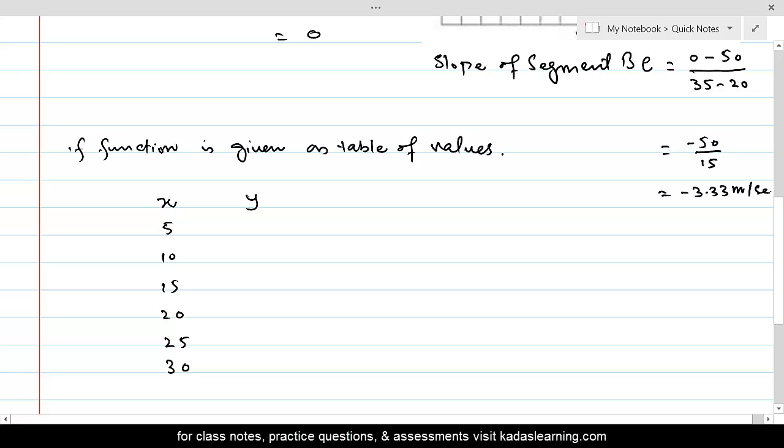And y being the dependent variable, its values change from 14 to 17 to 20 to 23 to 26 and to 29.